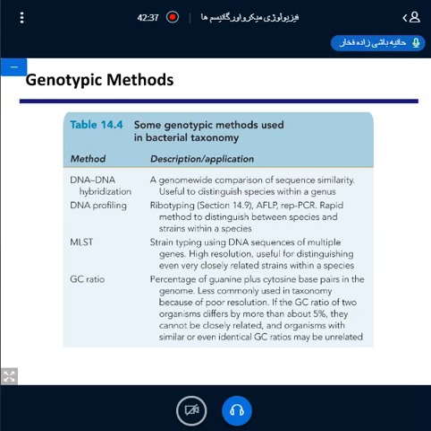In GC, or guanine cytosine ratio, the percentage of guanine plus cytosine base pairs in the genome is less commonly used in taxonomy because of poor resolution. If the guanine cytosine ratio of two organisms differs by more than about 5%, they cannot be closely related organisms, while similar or even identical guanine cytosine ratios may be incorrect. This is important.